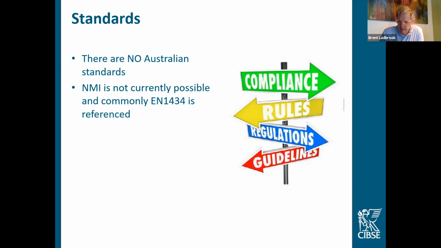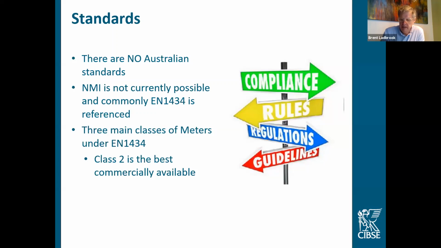Commonly, though, we want to reference something, so commonly European standard EN 1434 is referenced, and I don't think you could go wrong defaulting back to European standards. They seem to be the leading standard globally. There are three main classes of meters under EN 1434, class 1, 2 and 3, given the overall accuracy.